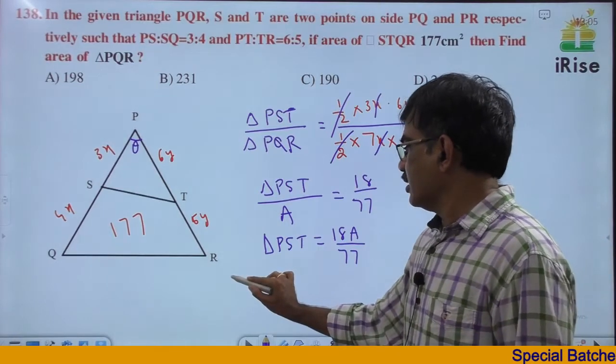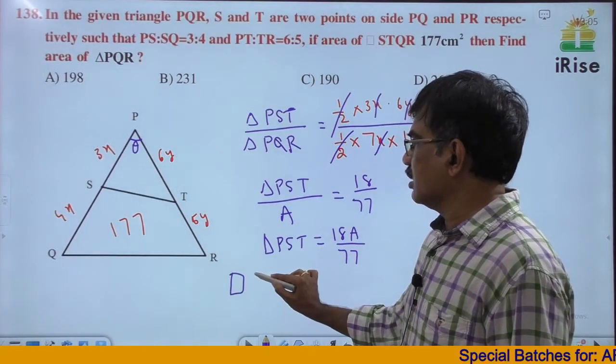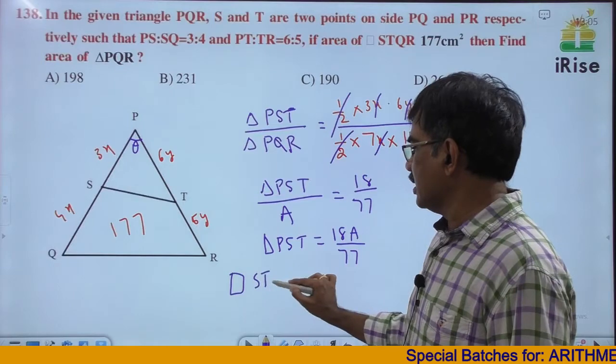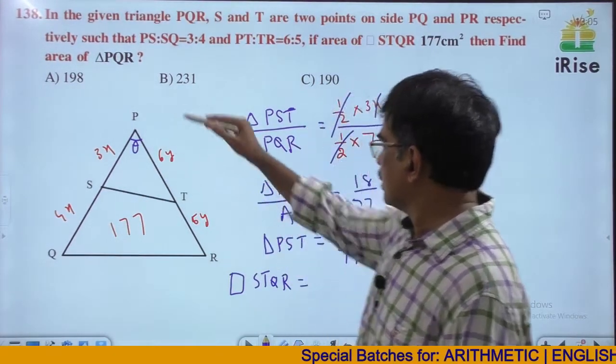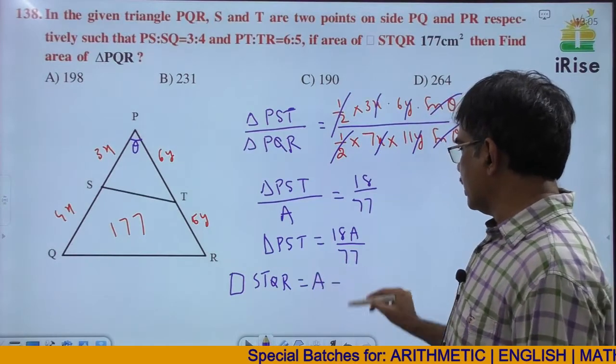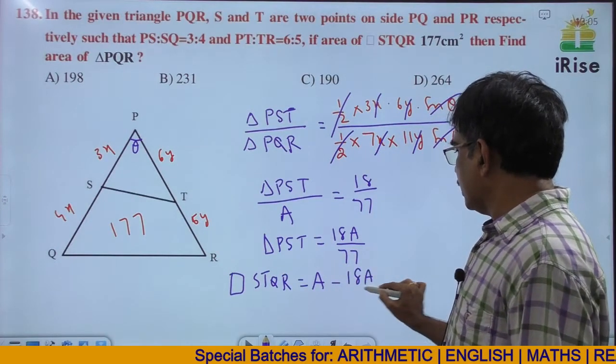Then quadrilateral STQR is equal to the total area minus this triangle area. Total area is A minus 18A by 77.